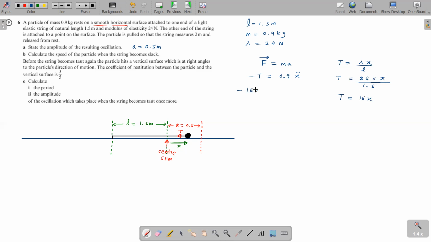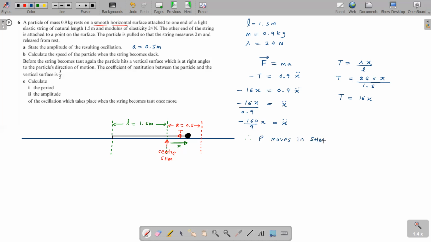So minus 16x equals 0.9 x double dot. Can I know the x double dot value? Minus 16x divided by 0.9, which is minus 160 over 9 x. Are you with me? So this is the characteristic equation for simple harmonic motion. So you can clearly see therefore particle P moves in SHM.